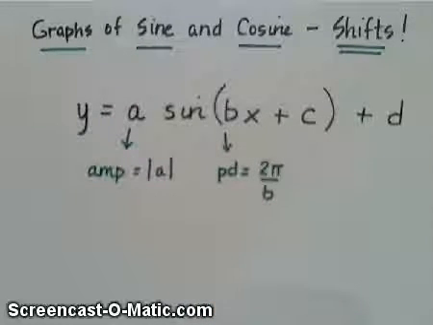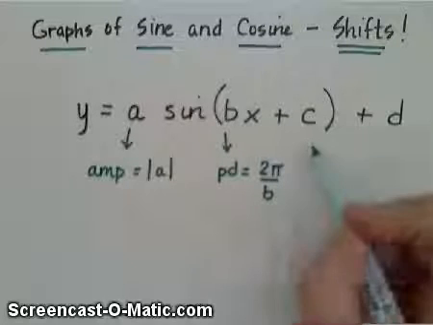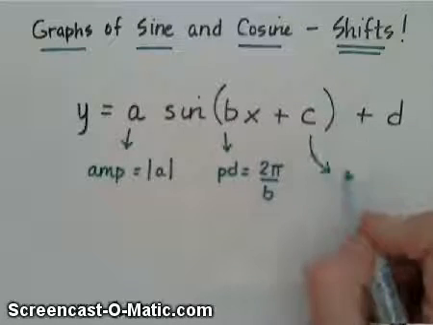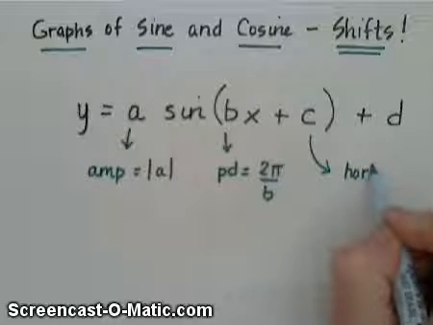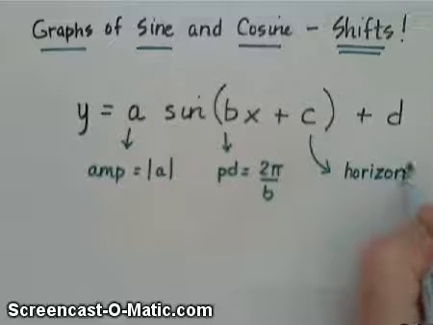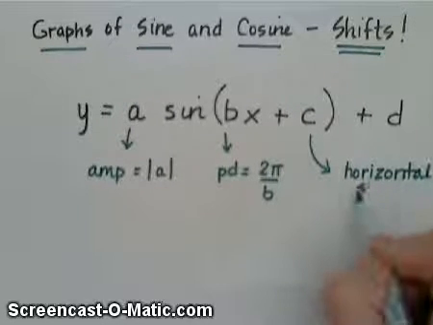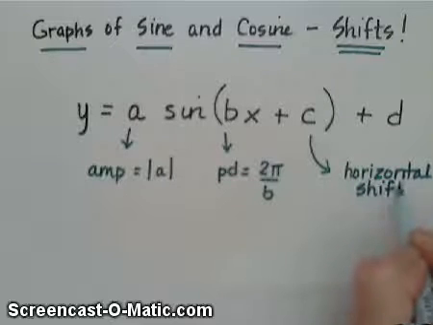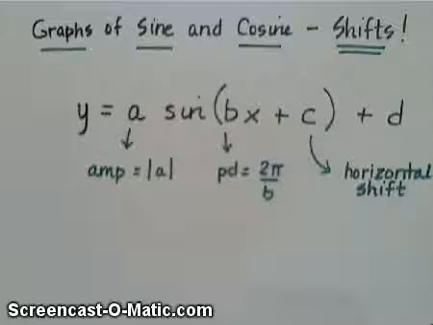Now, we want to discuss two new features in this equation, and the first is right here. This is your horizontal shift. And your horizontal shift, notice the presence of the parentheses. This is just like we have had in our other functions.